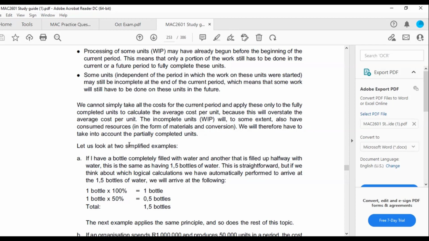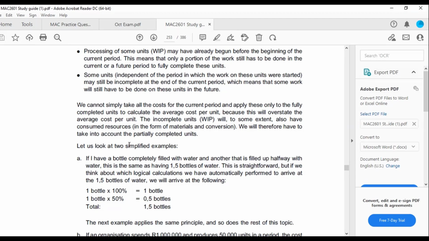So processing of some units may have already been done before the current period. This is where, with that coffee, it has been ground before we start filling it into the final packaging. The grinding or roasting of those coffee beans needs to be allocated cost for that process, right?